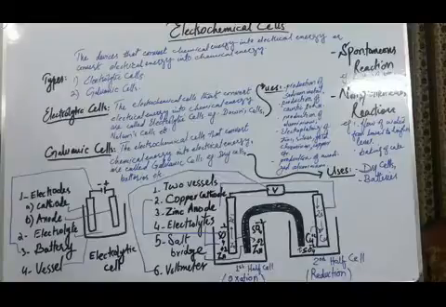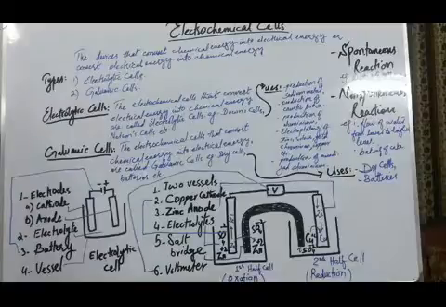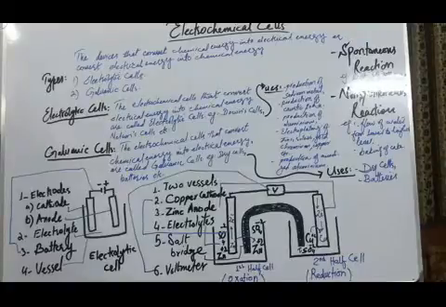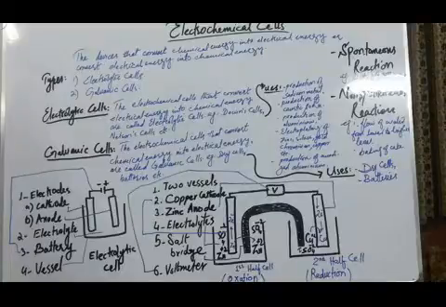Now two different reactions take place. At the zinc anode, oxidation takes place. When the electrolyte, which is zinc sulfate, dissolves in container 1 and the zinc electrode is dipped in it, then the zinc changes into zinc ions.